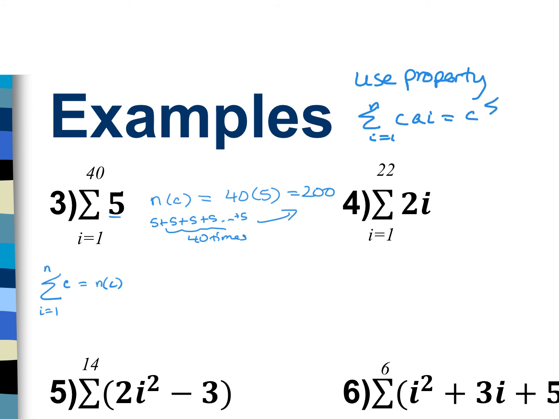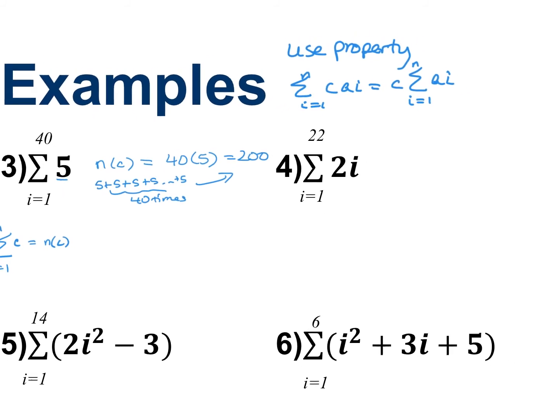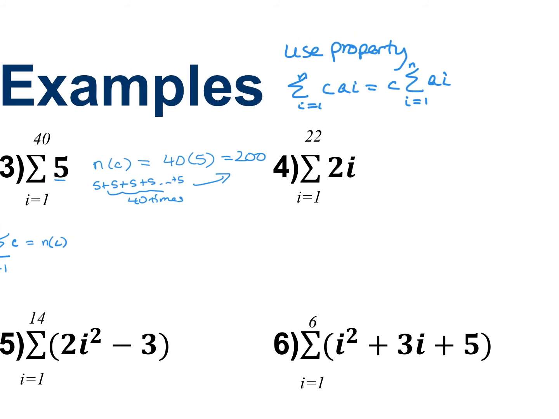I pull the constant to the front, and then the i there. So let's go ahead and pull it apart. And then I'm also going to use the summation rule for i, since I'm going to pull it apart. And that rule is n times n plus 1 divided by 2. So we're going to split this apart, put the constant out front, and then leave the i.